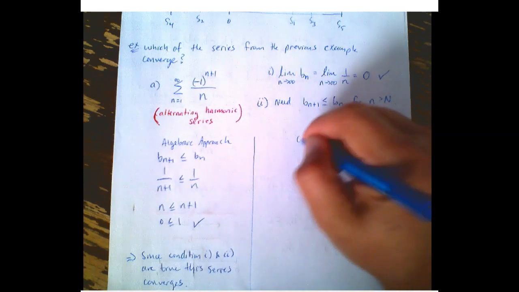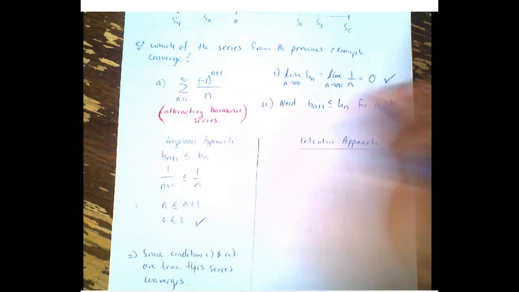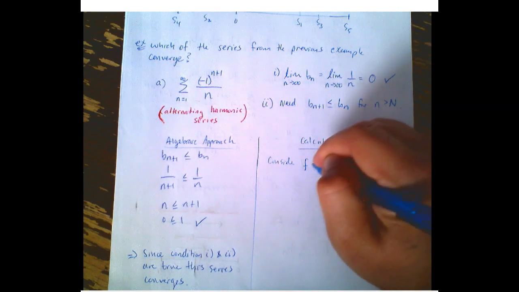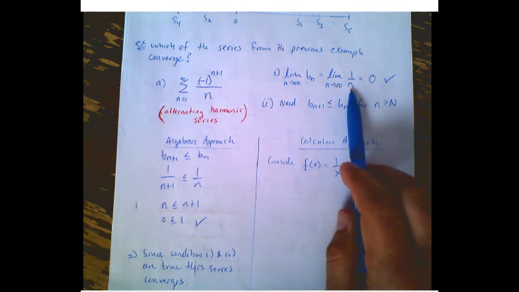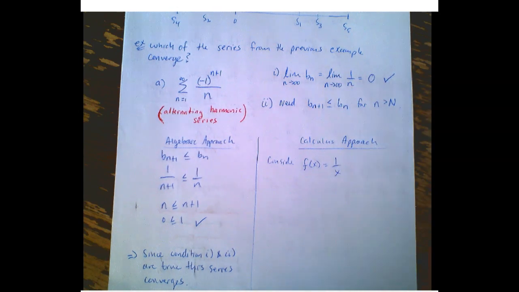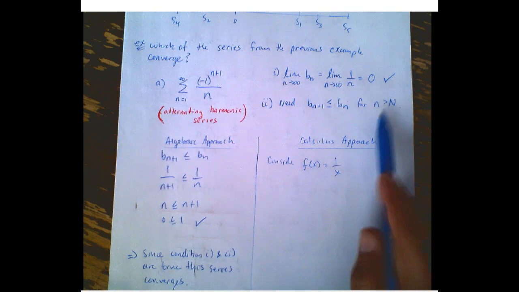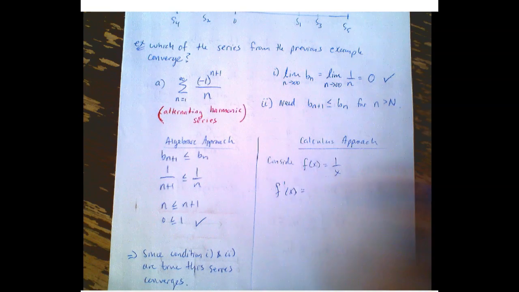Now, the calculus approach to this. We consider f of x equal to 1 over x. So we just consider the corresponding function of x to our series. And what we want to do is show that the derivative is always negative, for some arbitrary n, right? So what is f prime of x?